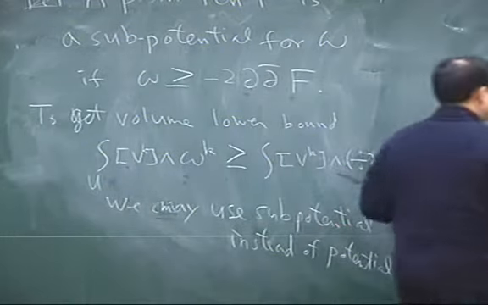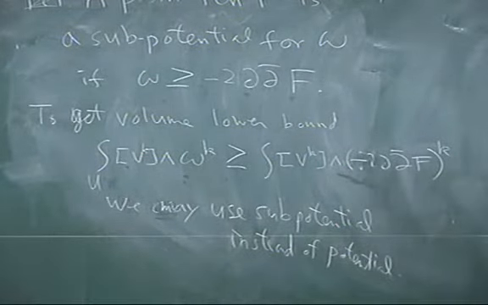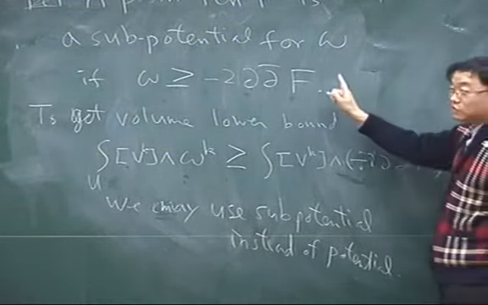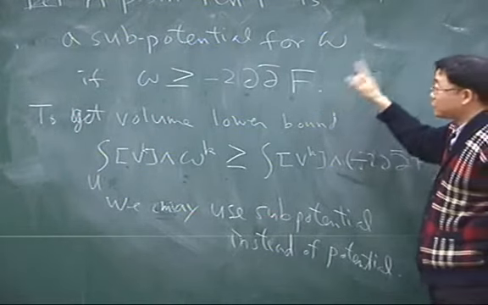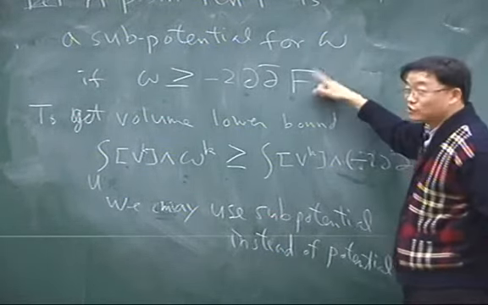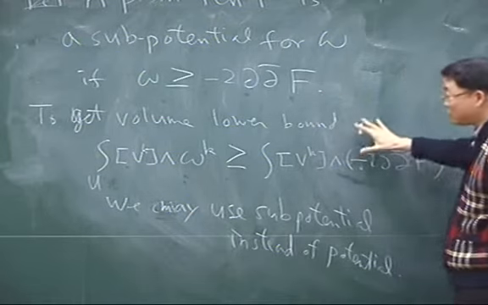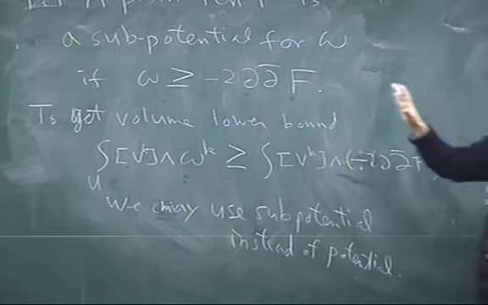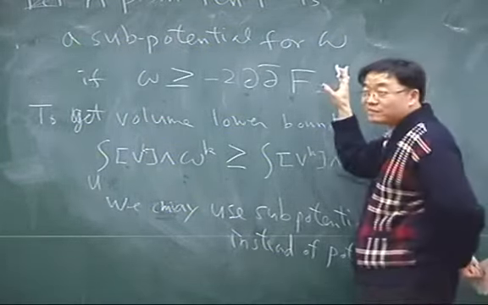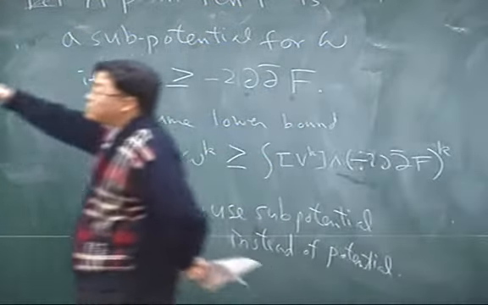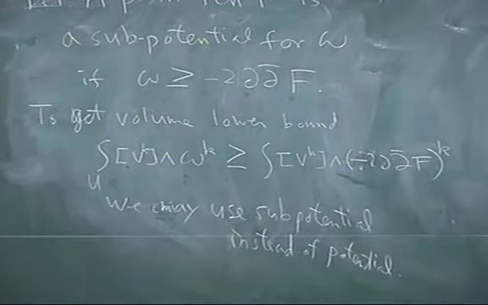That's a very naive idea, and it's good. But the problem is then how to choose the subpotential. Because one obvious subpotential is 0, which will give nothing. So to get a good inequality, you have to choose a good subpotential. Here you don't have a potential, but you do have subpotentials, including 0. The problem is how to find a good one.